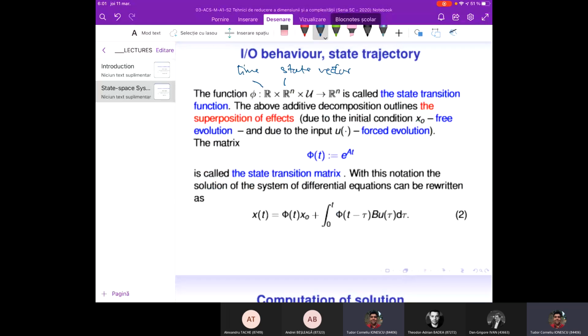Due to the initial condition x naught, the free evolution, due to the input, the forced evolution. So they can be easily added together, and then you get the final solution. But this is due to the linearity of the equation and the linearity of the system. The matrix exponential of At is called the state transition matrix. So with this notation, the solution of the differential equation can be expressed in equation number 2.